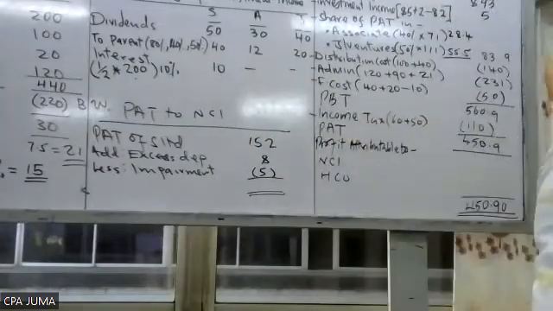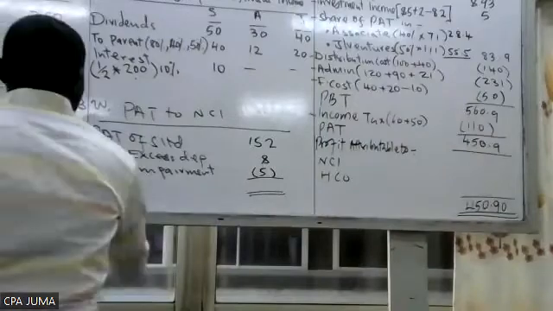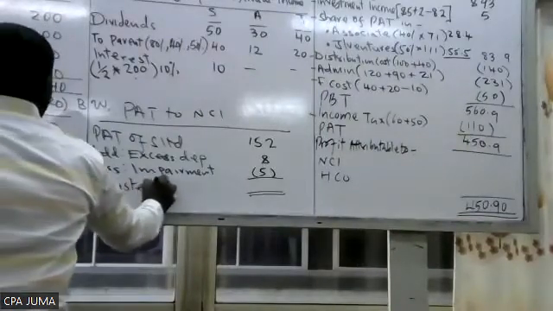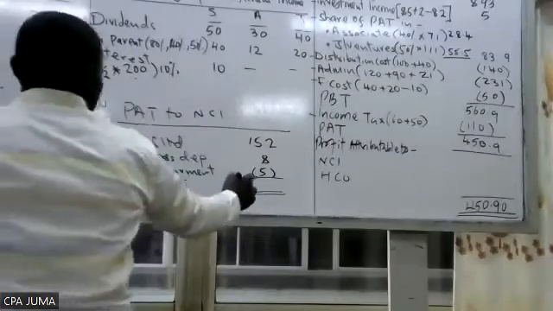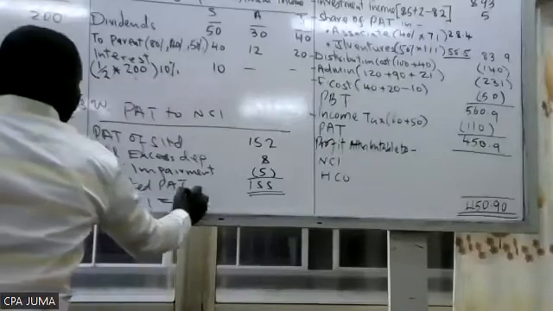How much is the adjusted PAT? So you say adjusted PAT, adjusted PAT 155. Therefore, owners of NCI will take 20%.